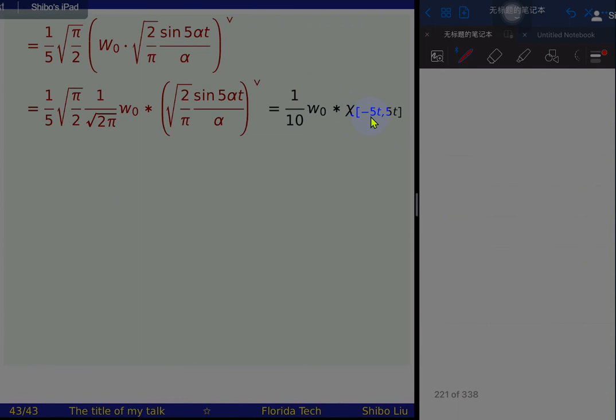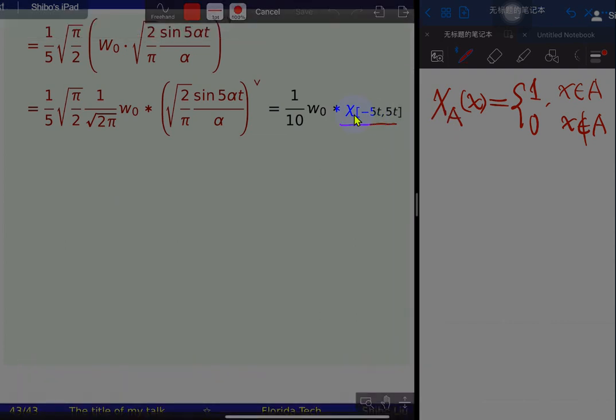I have mentioned several times, given a set A, chi_A(x) equals 1 if x belongs to A, otherwise it is 0. This function is called the characteristic function of the set A. Now this notation here is the characteristic function of the interval. So this is easy.